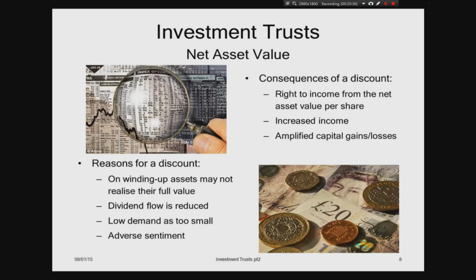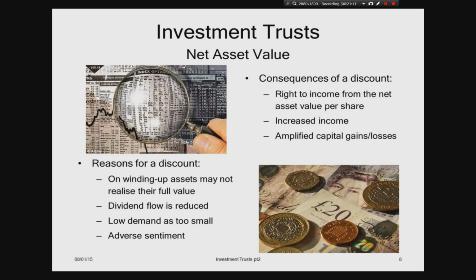There is another reason for trading at a discount: relatively low demand, because the investment trust may be too small to attract institutional investors, and it's the institutional investors, your big pension funds, your with-profit funds to some degree, which hold masses of these sorts of things, that drive the price. So if an investment trust is too small, is not on the radar, and there's no one specifically interested, of course that will mean that it's trading at a discount.